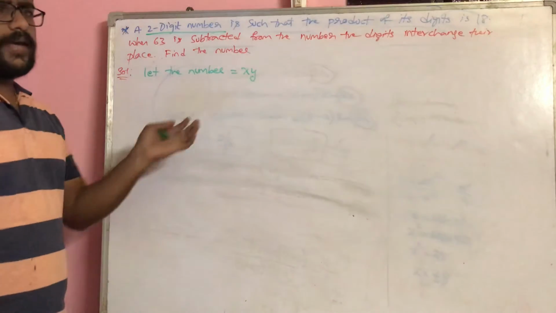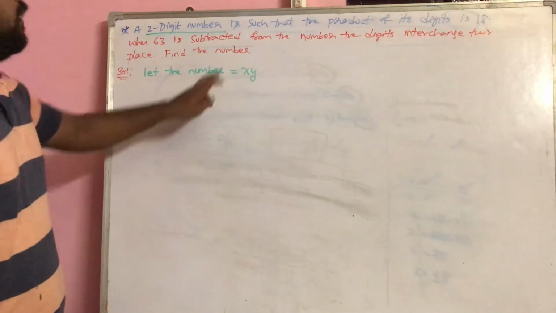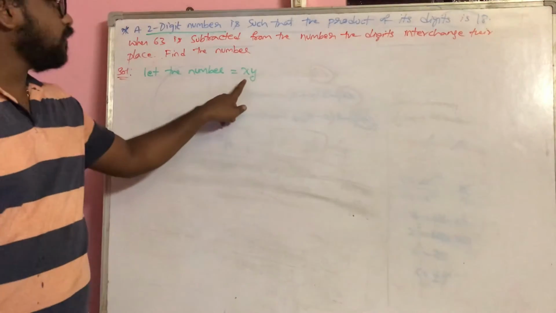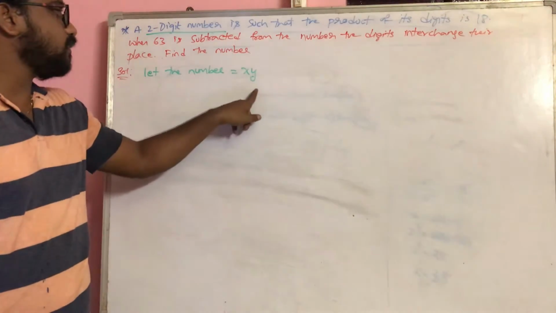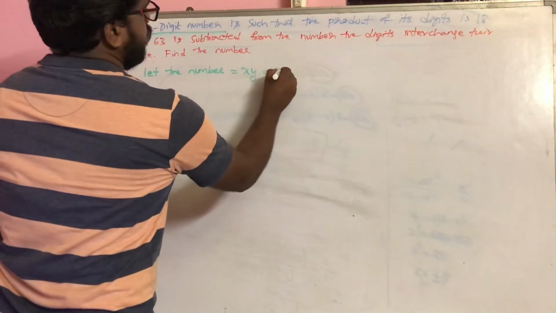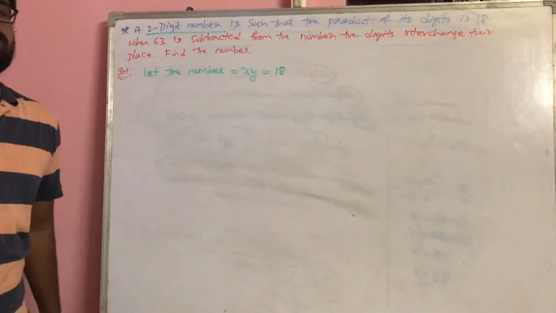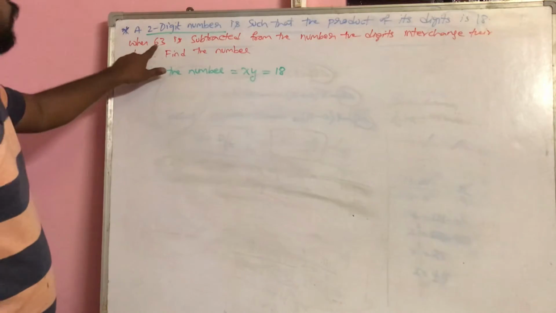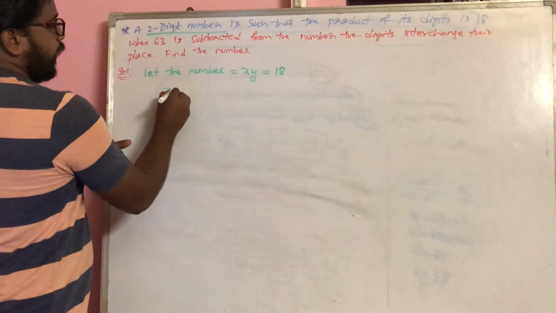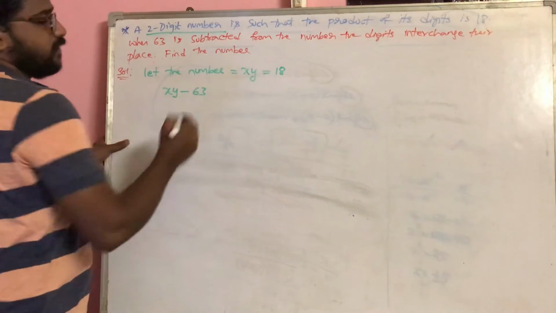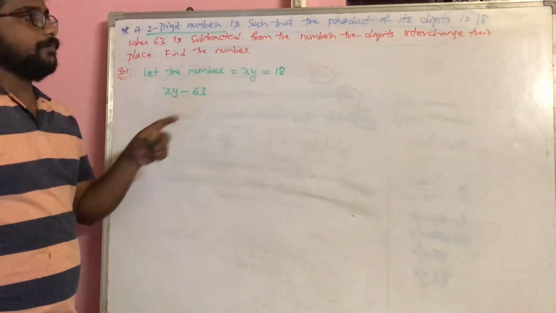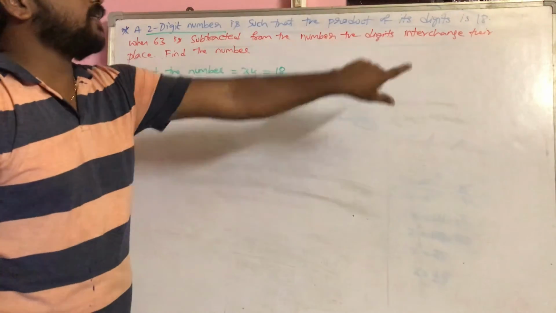You can take A, B, P, Q, whatever you want. It is such that the product of its digits, if you see here, this is the tens digit, this is the ones digit, right? Product is equal to 18. That means x into y is equal to 18. When 63 is subtracted from the number, that means xy minus 63, the digits interchange their place.